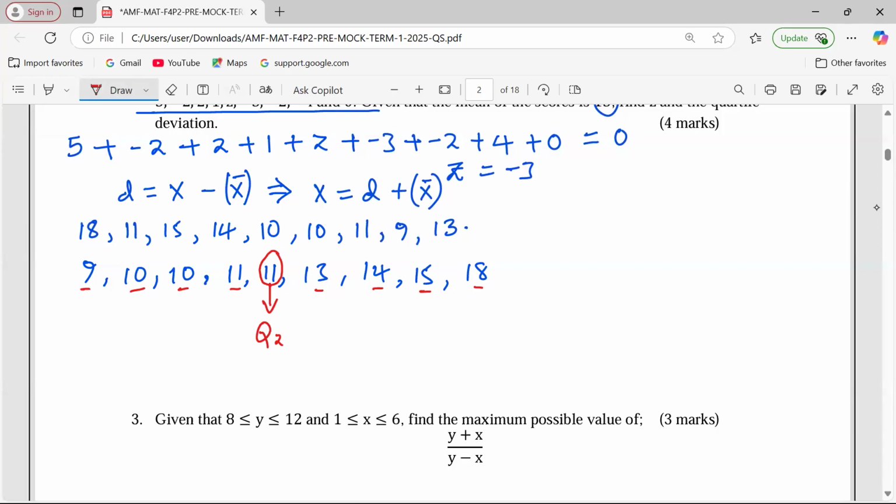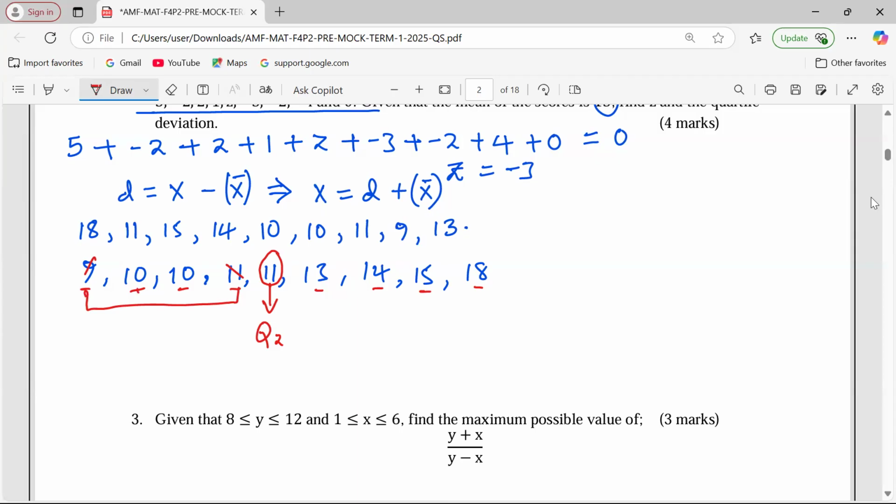After the median has split the data into 2, we have the lower set of data and the upper set of data. Now, the median of the lower set of data is what we call Q1, or rather the lower quartile. So the median of these values is going to be, we have 9, 10, 10, 11, and at the middle, we have 10 and 10.